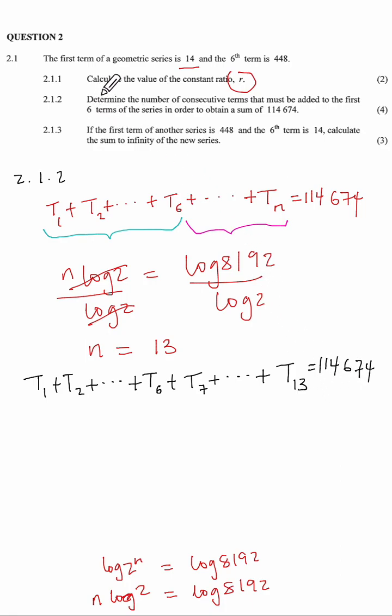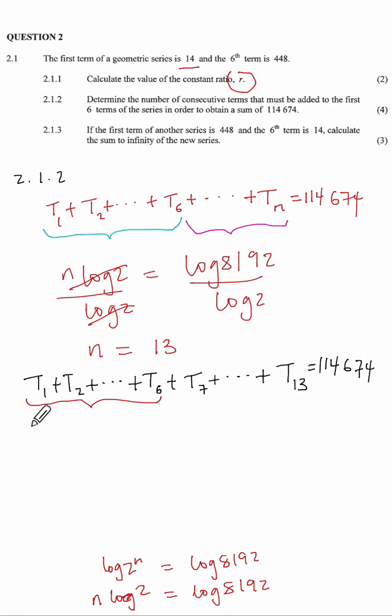So let's remind ourselves about the question. The question was, determine the number of consecutive terms that must be added to the first 6 terms of the series in order to obtain a sum of this. So if you were to isolate or remove the first 6 terms, how many more terms do you need to add to the first 6 terms in order to get this sum?